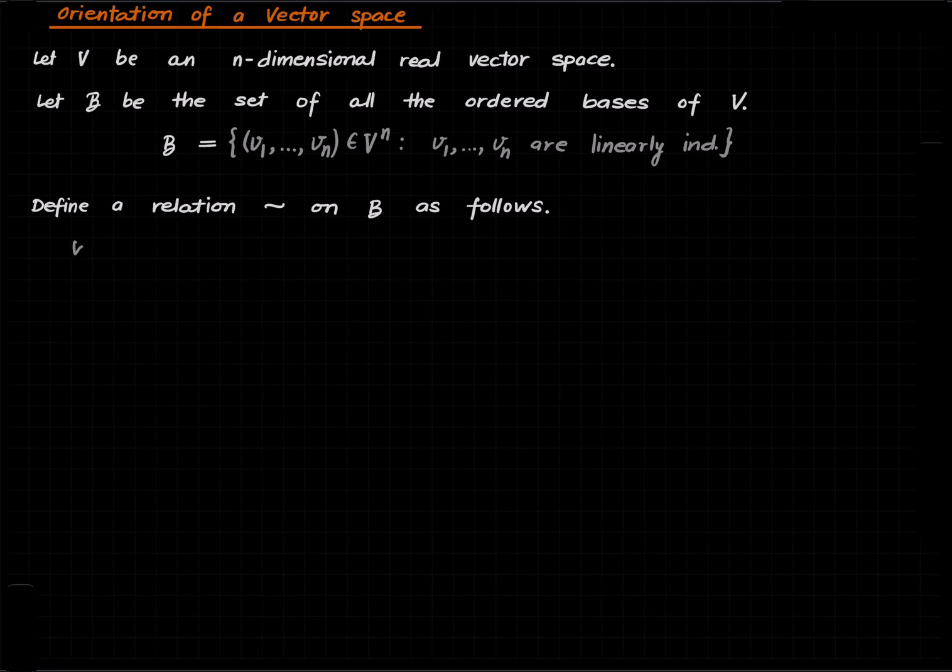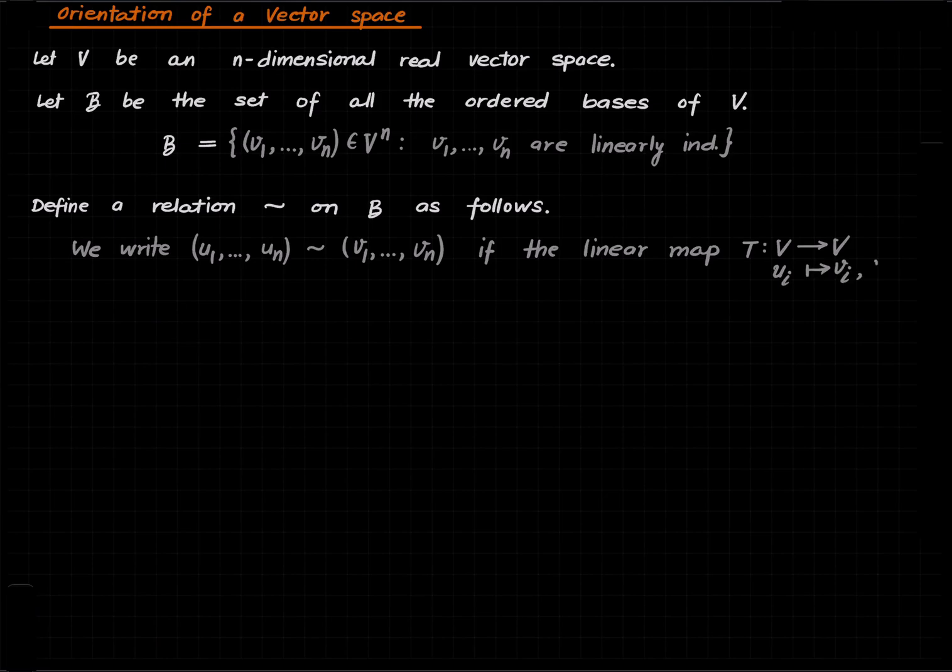We say, or we write, that this ordered basis u1 up to un is equivalent, or is related, to the basis v1 up to vn if the linear map T which sends ui to vi for each i, and there is a unique linear map which does this, has positive determinant, that is, satisfies that its determinant is positive.